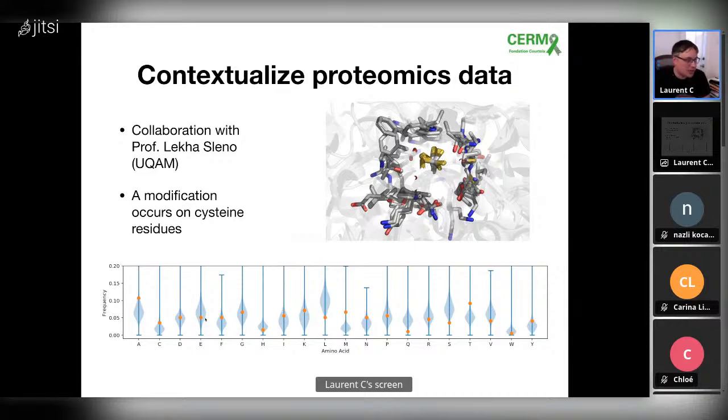And we can ask the question whether those residues that are present in the vicinity, would you expect them to be in proximity of a cysteine residue? And if you have a major change, it means that maybe those residues contribute to the specificity of interaction with this particular compound.